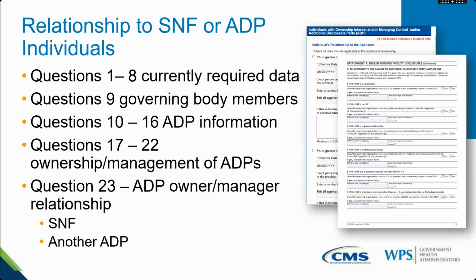Questions 17 through 22, again, mirrors that organization. We're asking about the ownership and management of the ADPs. And then 23 is again that relationship, understanding links between the ADP that's being reported and other ADPs.